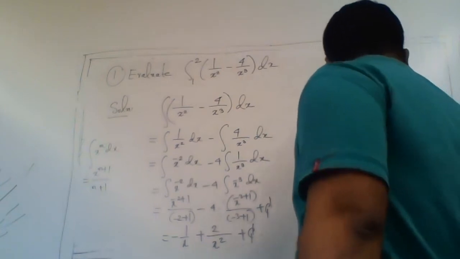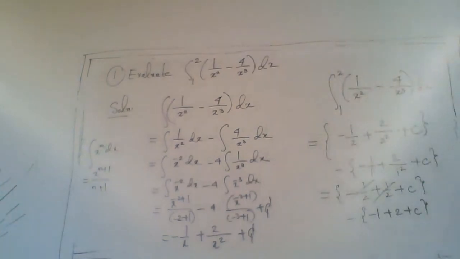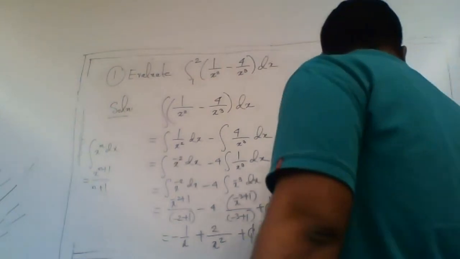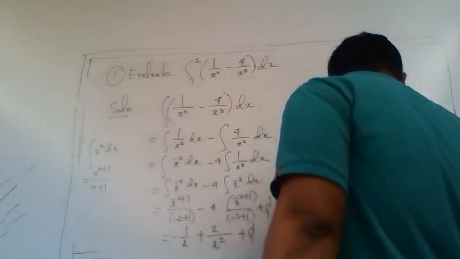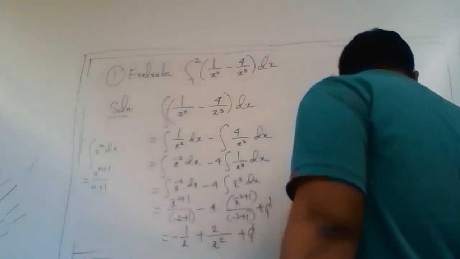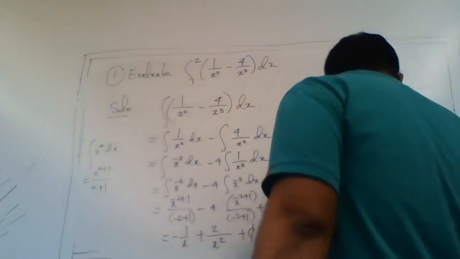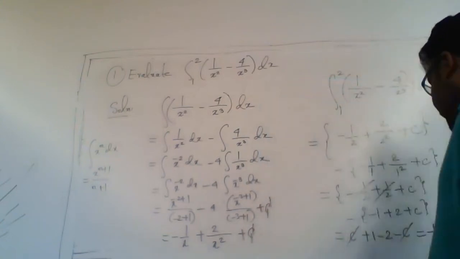So minus half plus half cancels out. Here ultimately you get c plus 1 minus 2 minus c. C cancels out, you get minus 1 at the end.